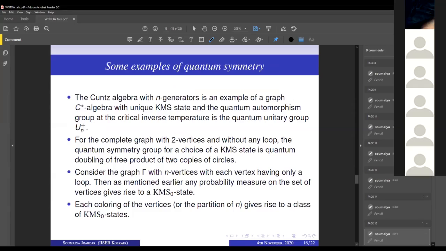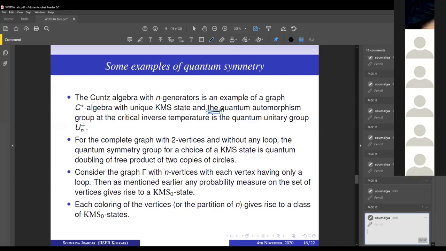Okay, so let's look at some of the computation. Let's mention the Cuntz algebra with n generators. This is an example of a graph system algebra, and it has a unique KMS state. So it makes sense to talk about the quantum automorphism group at the critical inverse temperature, because this has a unique KMS state at the critical inverse temperature, and this turns out to be the quantum unitary group that I mentioned in the beginning, U_N plus.